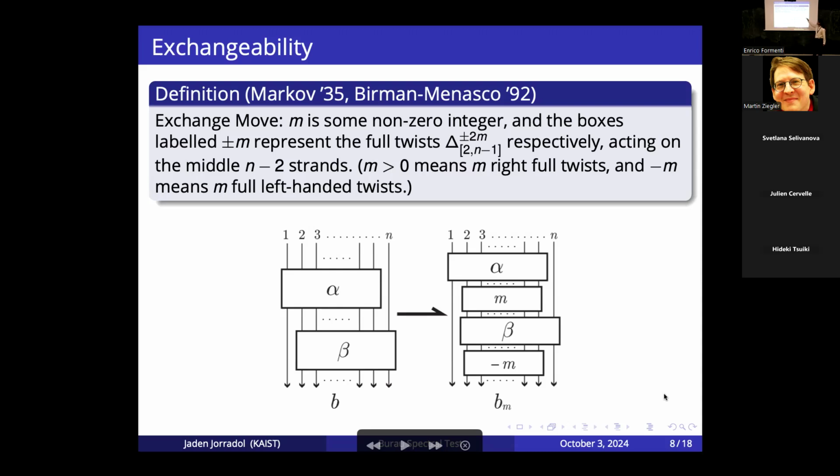So what is the exchange move? The definition looks quite complicated, but basically you do the full twist first after alpha, and then you undo the twist after beta. And this is called exchangeability. And basically it also tells us that the braid is equivalent if it admits the exchange move.